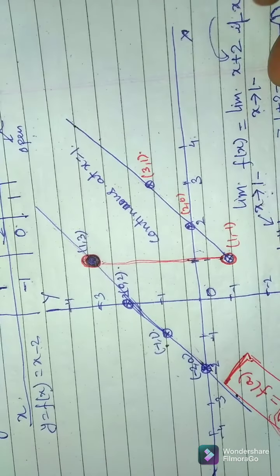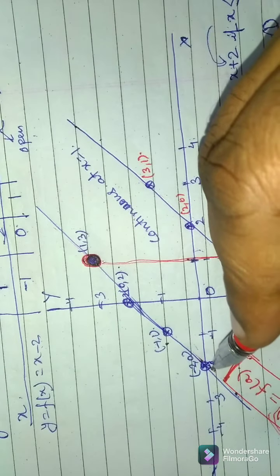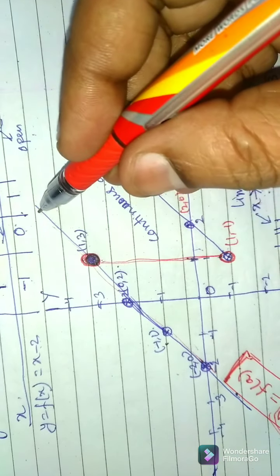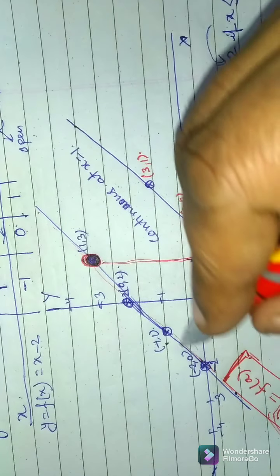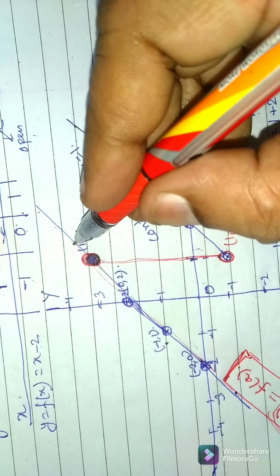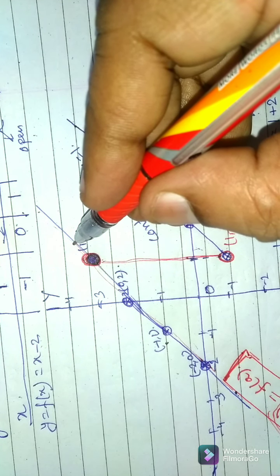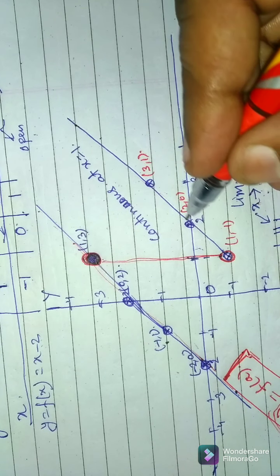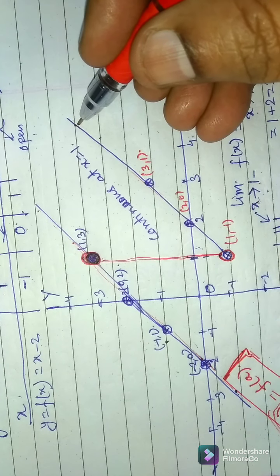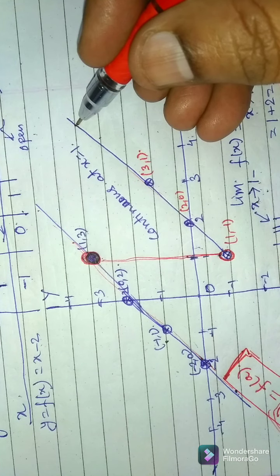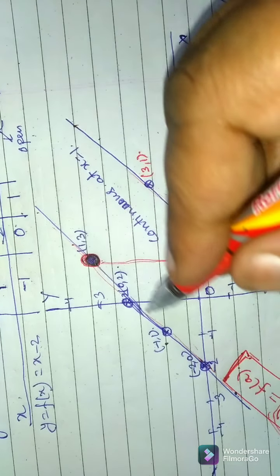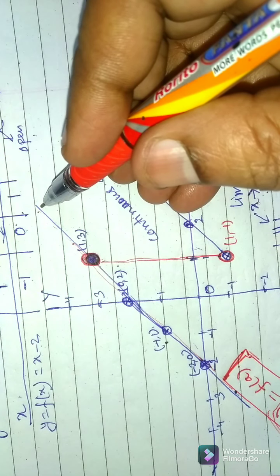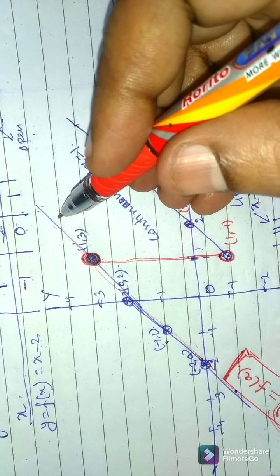One more thing I have to tell. See, here the function is continuous because we can draw this line without lifting the tip of the pen or pencil. And here also we can draw this line without lifting the pencil. So this is a straight line and a linear equation.